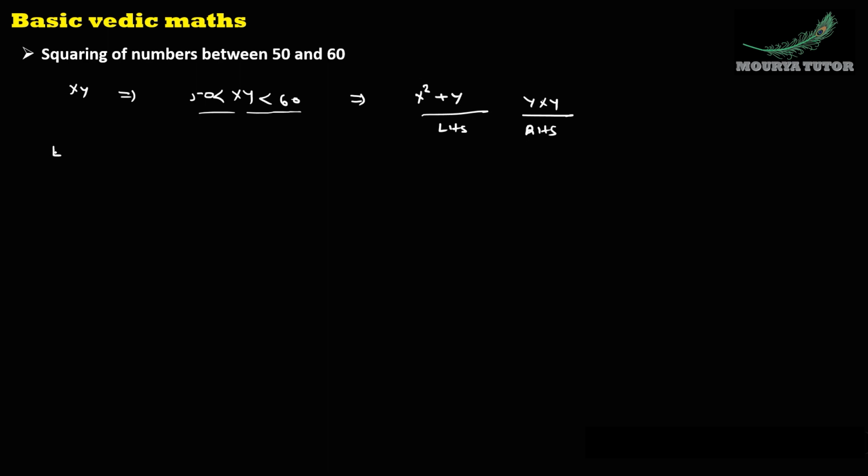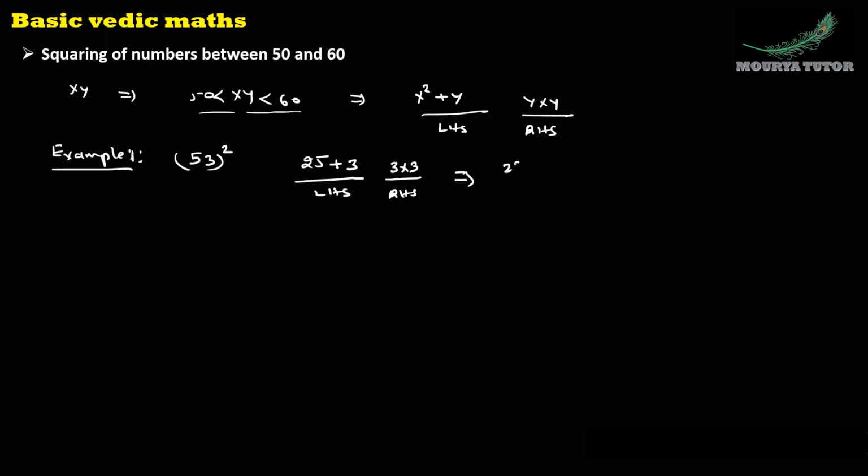Okay, let me make it clear with an example. Let's suppose you need to square 53. How can we do it? 25 plus 3, this is our LHS. RHS will be 3 into 3.